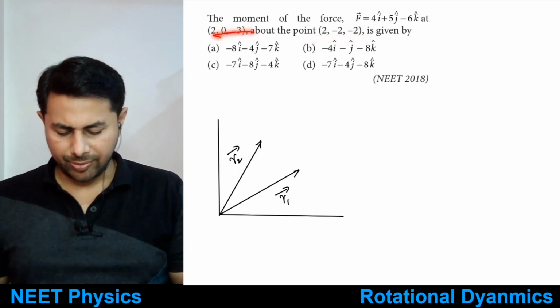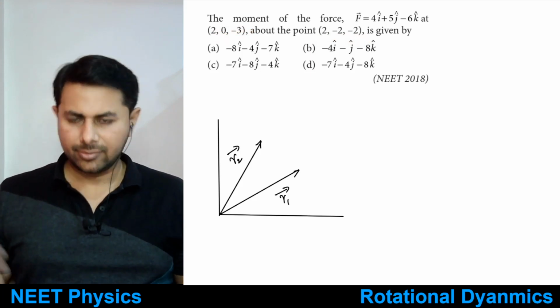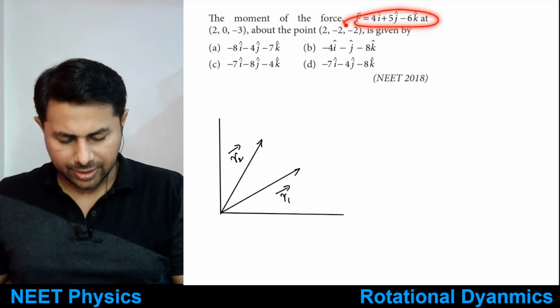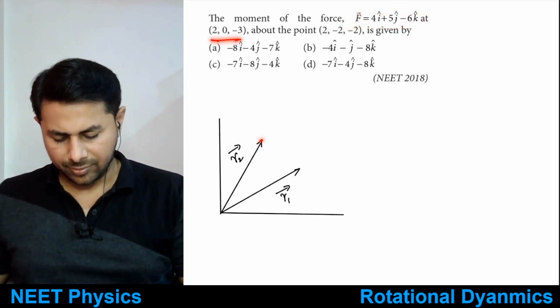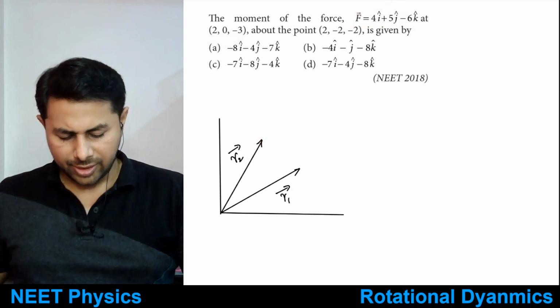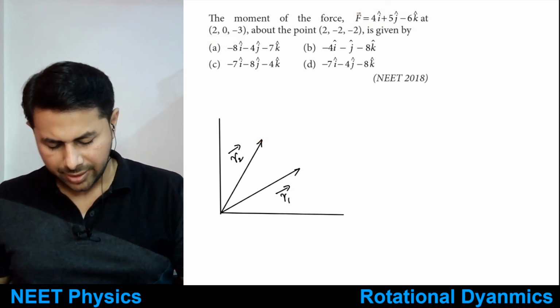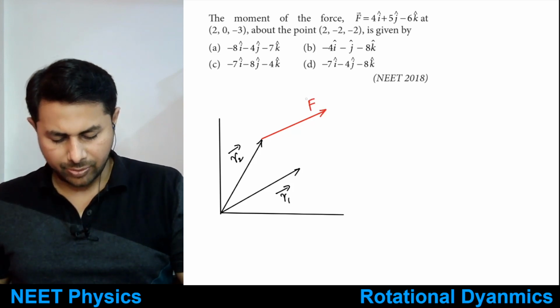And for this one it will be 2i cap plus 0j cap minus 3k cap. Then I am exerting a force at this point, and force is suppose in any direction. Let's say this is the force like this, and I want moment of this force.